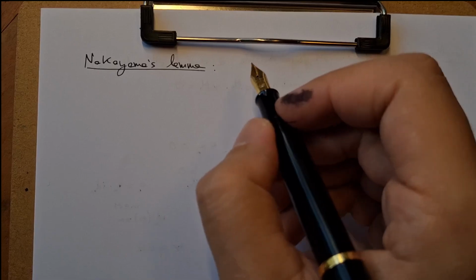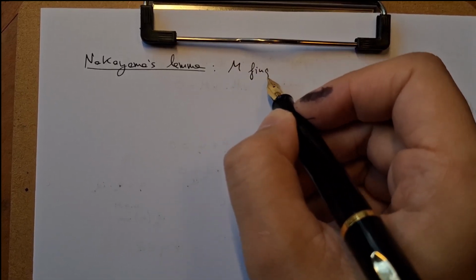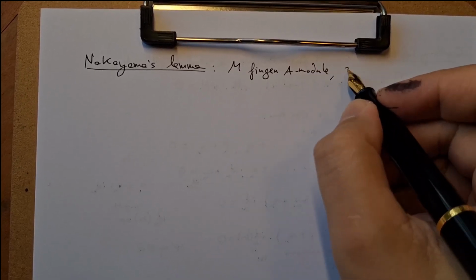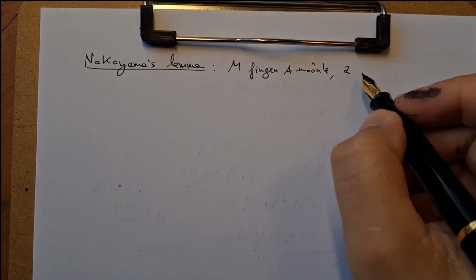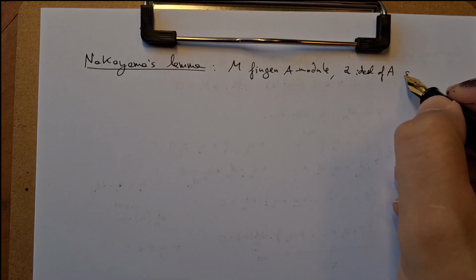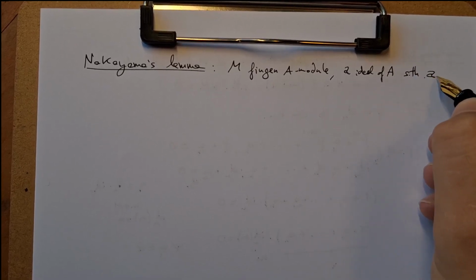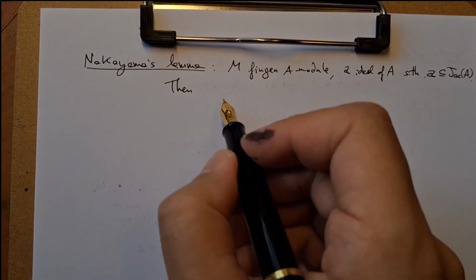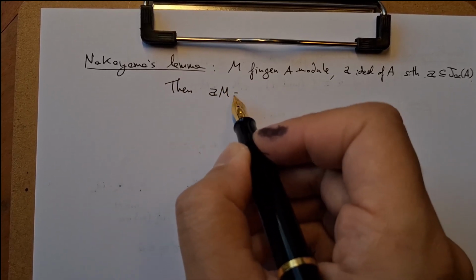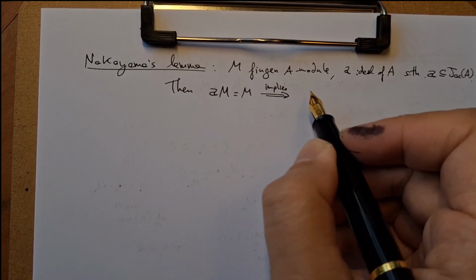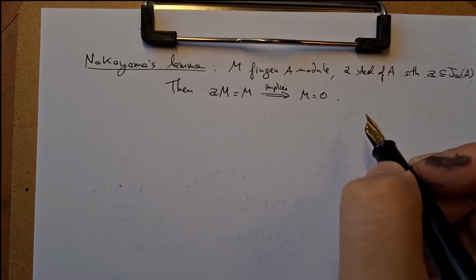Nakayama's lemma states that for M a finitely generated A-module, and the ideal A of A such that A is contained in the Jacobson radical of A, then A M equals M implies that M equals 0.